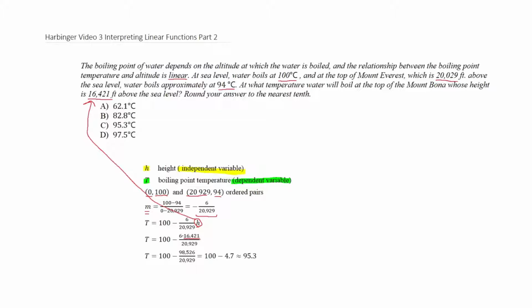T is equal to 100 minus 6 times 16,421 over 20,929. When we simplify that, we'll get approximately, because we have to round to the nearest tenth, 95.3 degrees Celsius. So the correct answer, let's have a look, is C, 95.3 degrees.